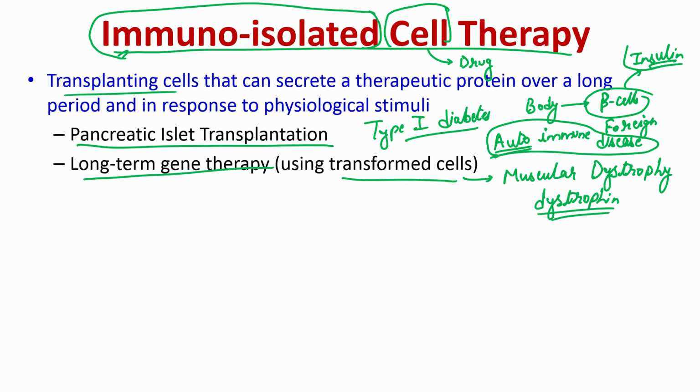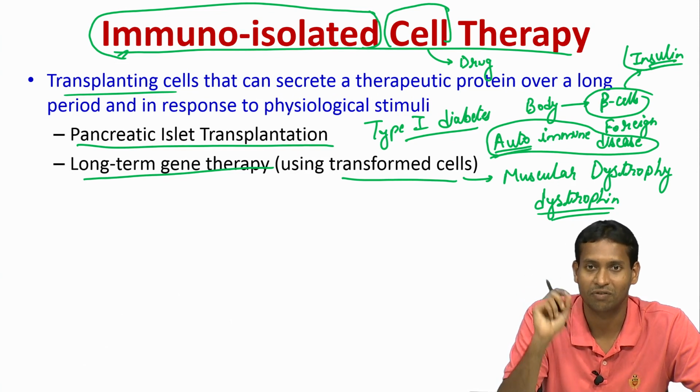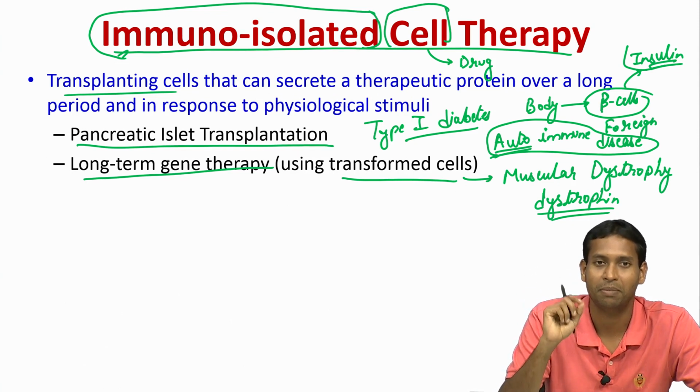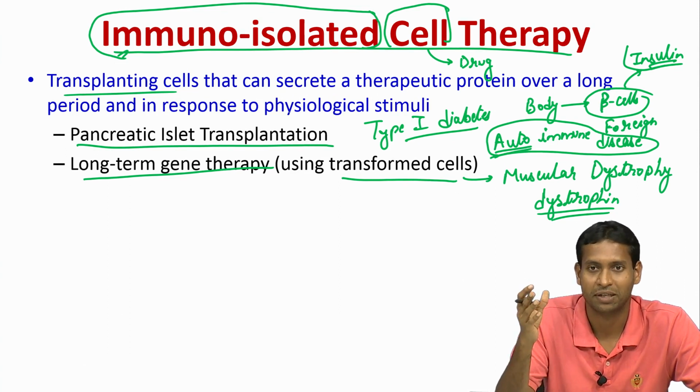So in these patients, what you want is to give cells which are producing the correct dystrophin molecule, but now this dystrophin is going to be recognized as a foreign antigen, because it was not part of the body. For that particular patient, the immune system had never seen the correct dystrophin. So even if you give the correct dystrophin now, your immune system may recognize it as a foreign dystrophin, or it could be from some other source of cells, and they may themselves be immunogenic.